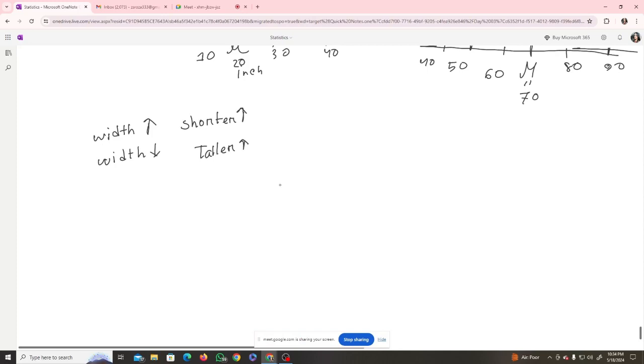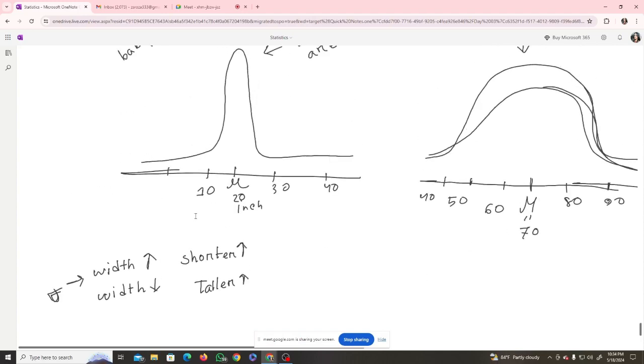Alright, so by the width, what do you understand? It's talking about the standard deviation. In this case, the standard deviation must be very short, so that the kid must have 20 inches, and then some kid may have 22 inches, then some kid also may have 18 inches of height.